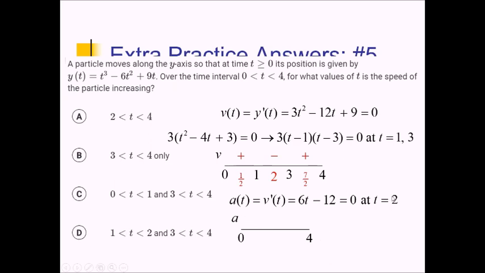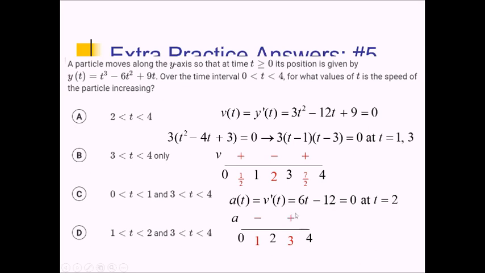Just this one critical value at 2. And I'm going to test things out now in this a of t function. If I test out something between 0 and 2, like 1, that's going to be 6 minus 12, which is a negative. Now something between 2 and 4, like 3, that would be 18 minus 12, which is a positive.